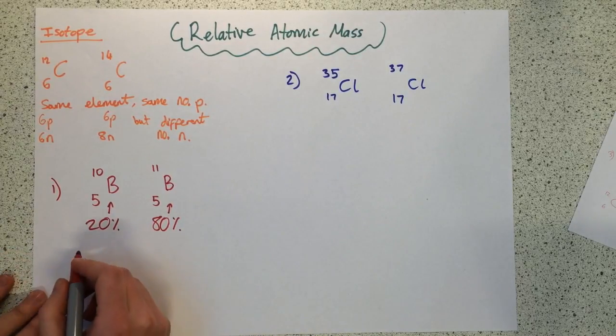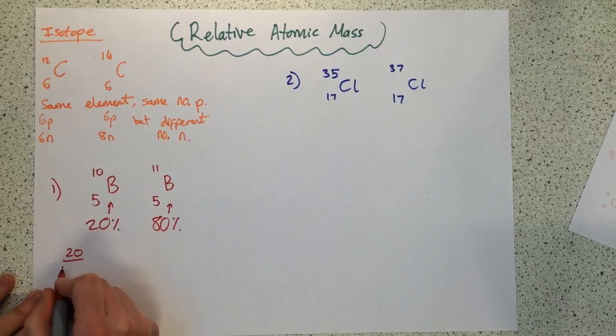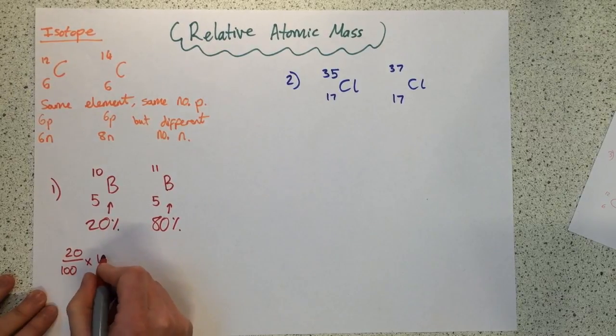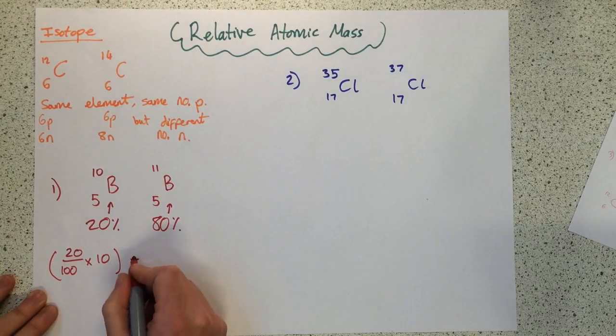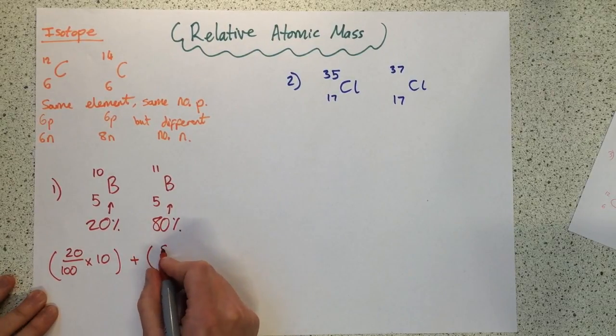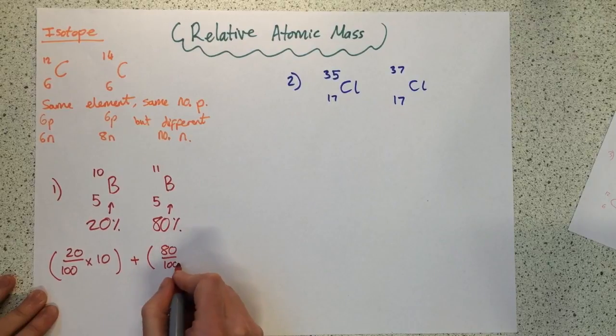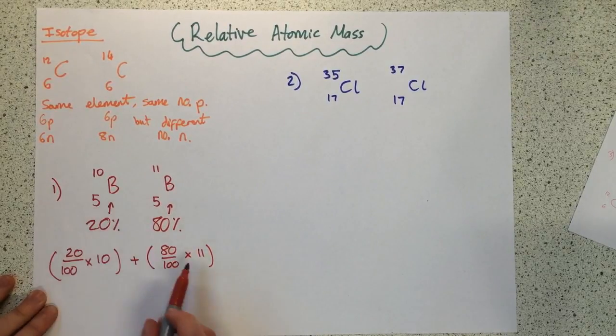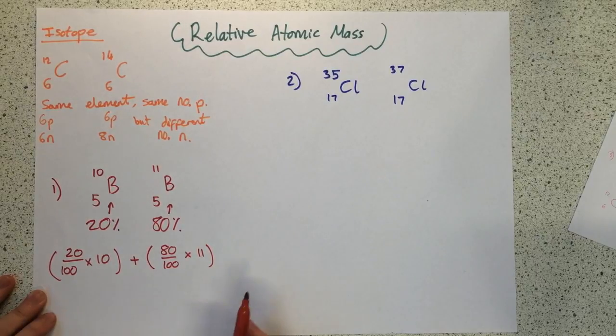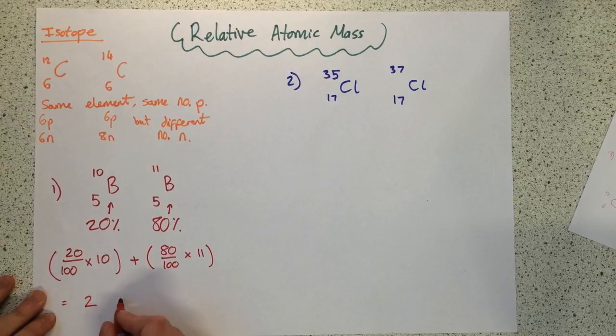It's a percentage, so you do 20 over 100 times 10. That's the first part. Add this part, 80 over 100 times 11. So that's going to get this part, that's going to get this part. The answers we get for that make 2, add 8.8.